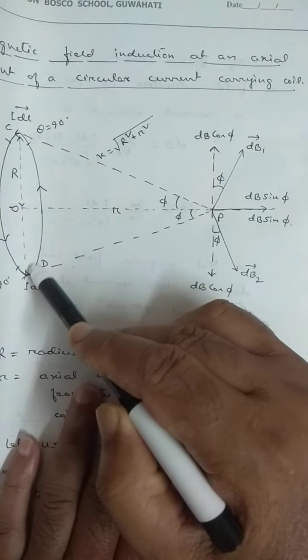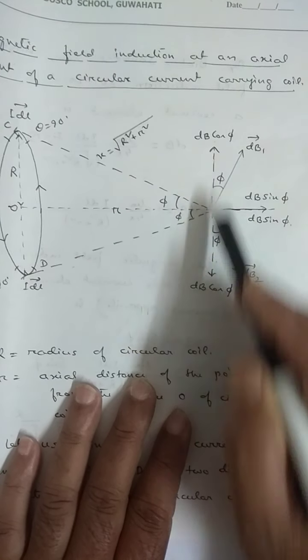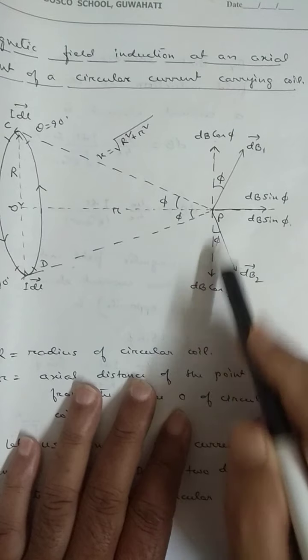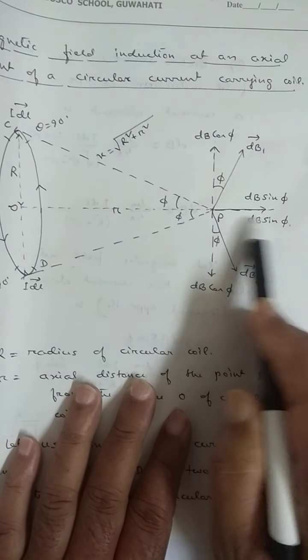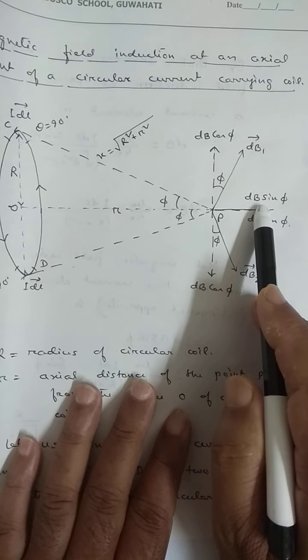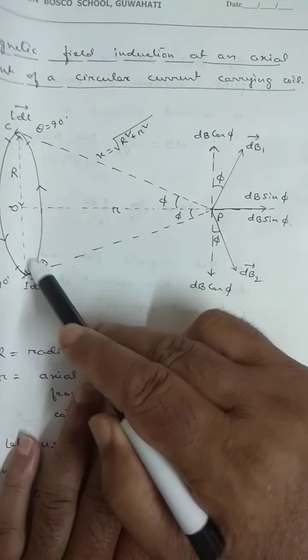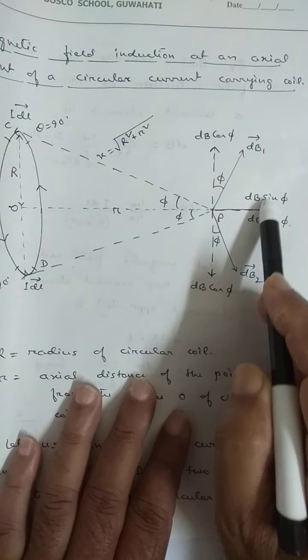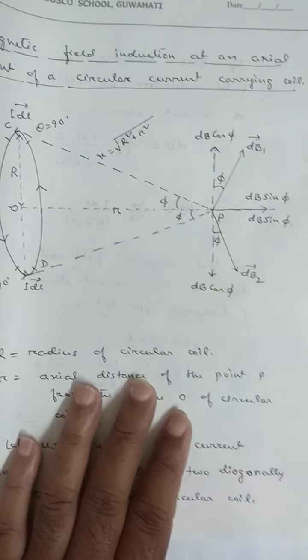So only the x component remains, dB sin phi and dB sin phi. So what is the net magnetic field induction at P due to two diagonally opposite current elements? It is twice dB sin phi.